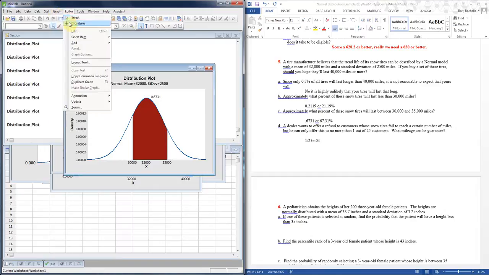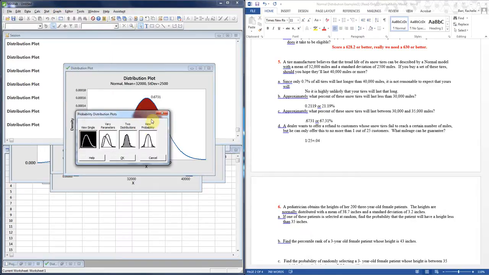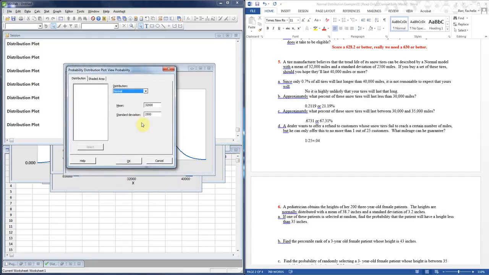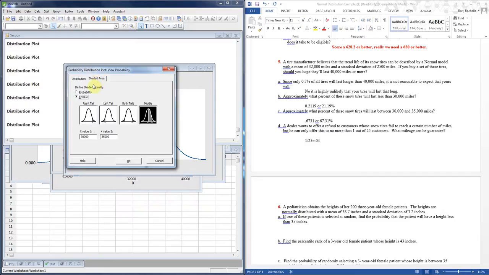So we're going to go to graph, probability distribution plot. I'm still doing probability view because that's the one I like, and that's the one that gives me a picture and definitely helps. Still the same mean, still the same standard deviation. I'm going to click over to shaded area. And here I'm given a probability, not a score, so that's what I need to put in. And I'm looking to find the score that has 0.04 to the left of it because I want to make sure that I'm not giving people that have above that mileage a rebate, just that mileage or lower. So this is going to be a less than, or a left tail.